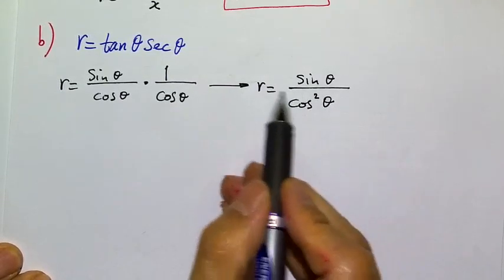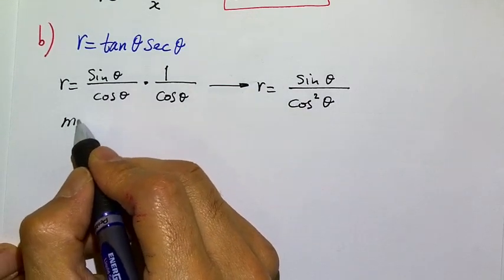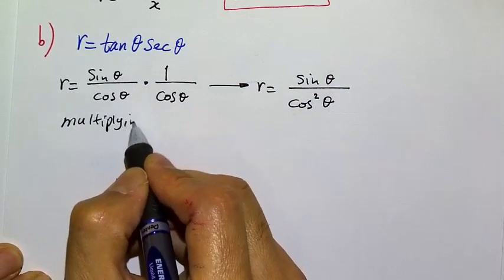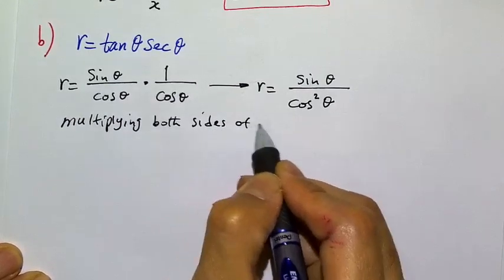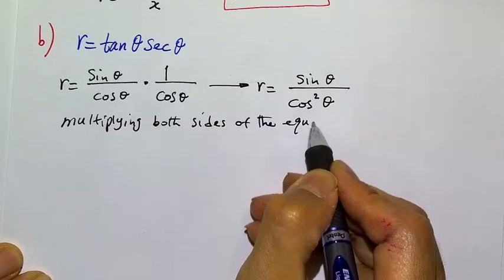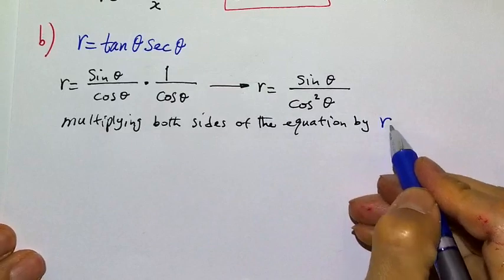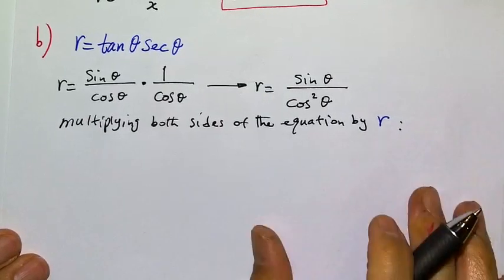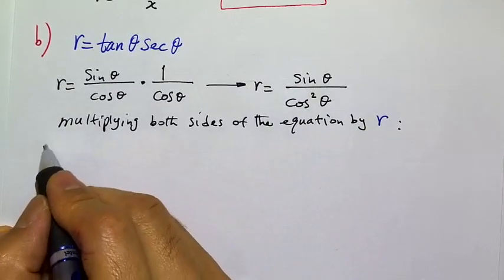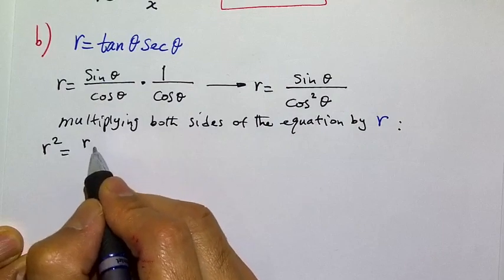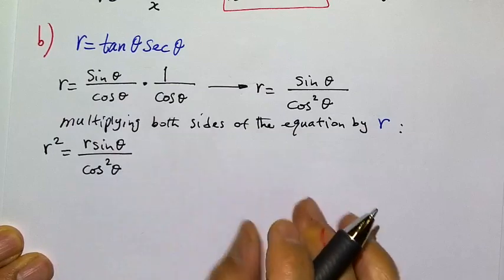Now let's multiply both sides of this equation by r. By r, what do we get? We get r squared on this side and r sine theta on the other side. So r squared equals r sine theta divided by cosine squared theta.